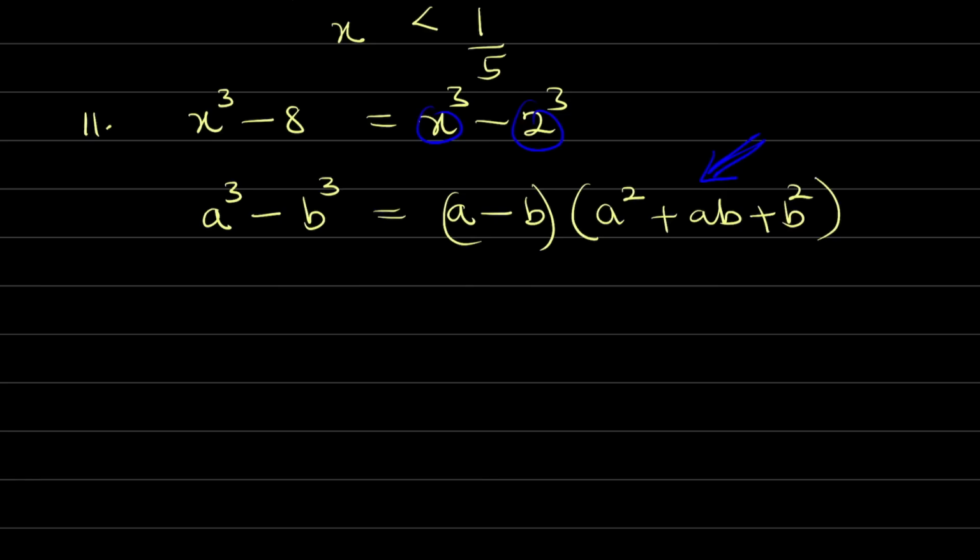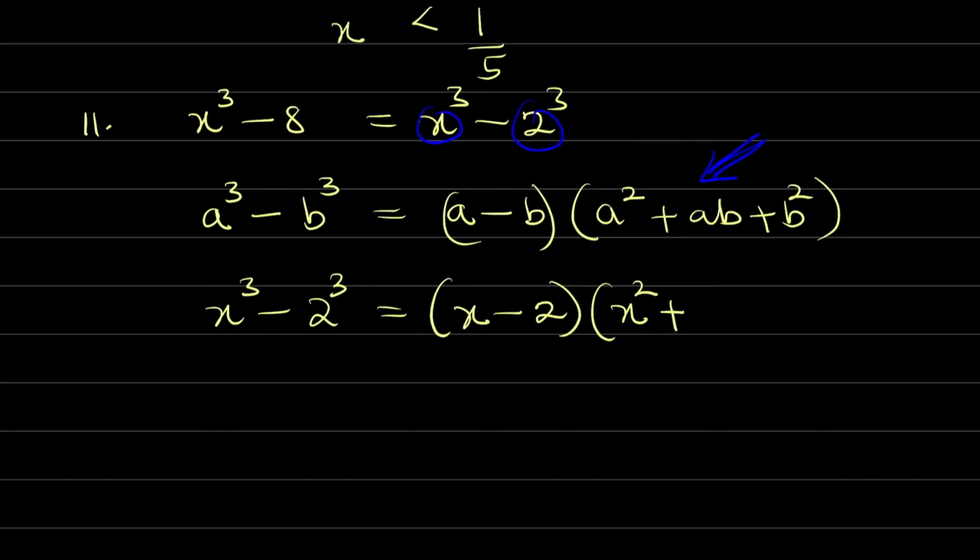So we say x raised to power 3 minus 2 raised to power 3 is going to be, our a now is x, our b is 2, then into x squared plus, here a is x and b is 2, so we have ab or 2x, then plus 2 squared is going to be 4.